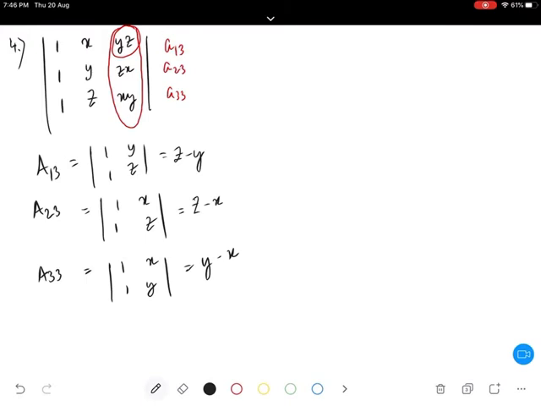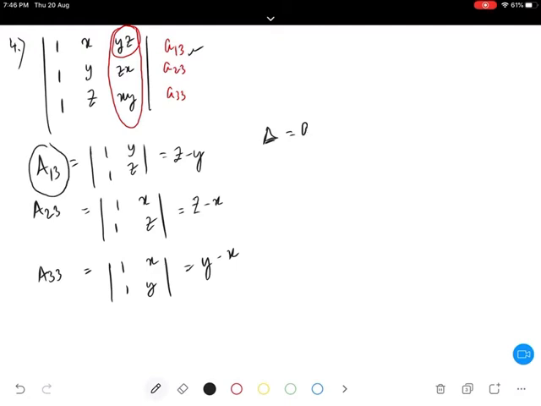Now tell me, after finding these cofactors, the main question is what? We have to find the determinant of this one using the cofactors of the third column, right? Now listen very carefully. The formula for the determinant using the cofactors is this thing. This capital A13 is the cofactor of A13.